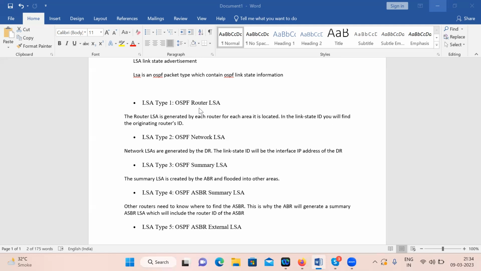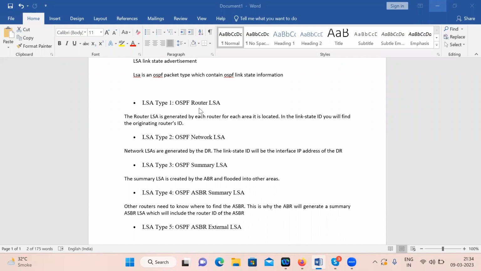Okay. The condition is that first it will check for the logical interfaces, loopback based. Whatever logical interfaces are present on the router, it will select the highest IP address among them.